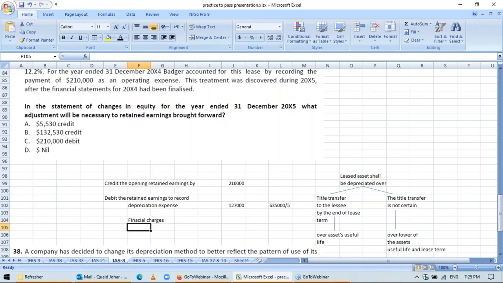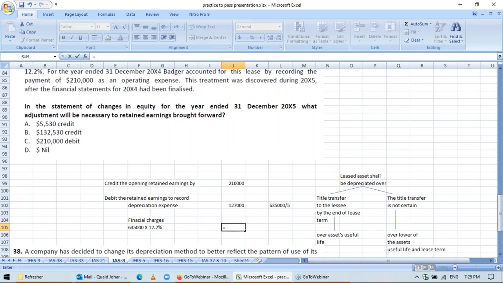So on the asset, you have recognized the depreciation. On the liability of 635,000, you will be recording a financial charge. You have not paid anything. The balance was 635,000 during the previous year, 2004.